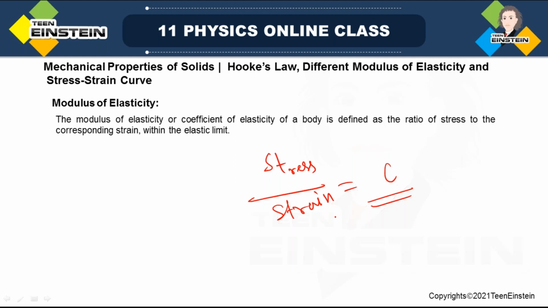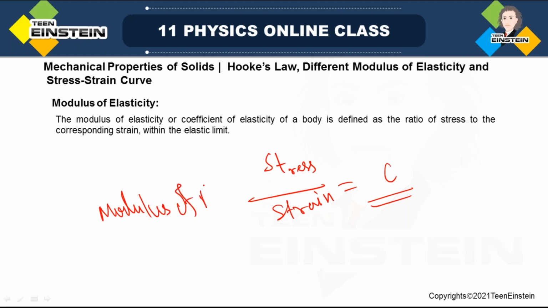Now we had learned different types of stress and different types of strain also. Depending on that, there are different types of modulus.